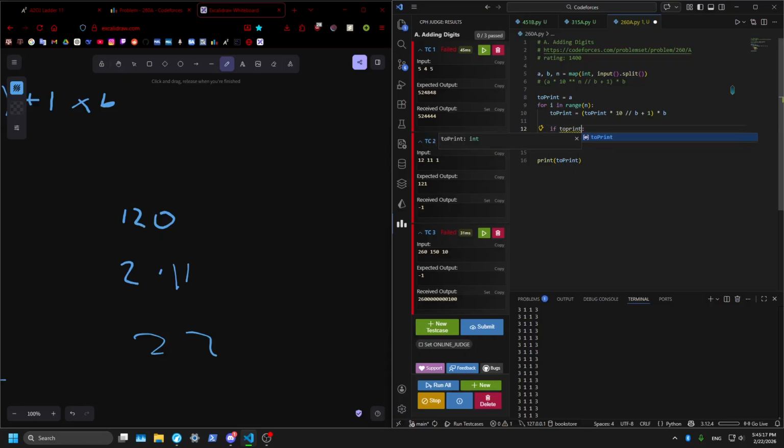If to print mod b is not equal 0, or len to print. Can I take the length of a number? Does that work?